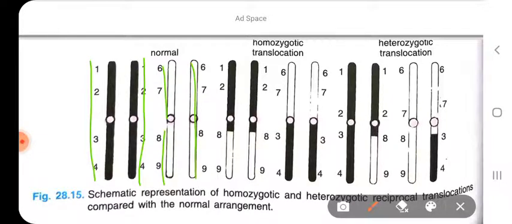So when homozygous reciprocal translocation occurs, you see 1 2 8 9. Where does the 8 9 come from? It comes from the other homologous pair of chromosomes.